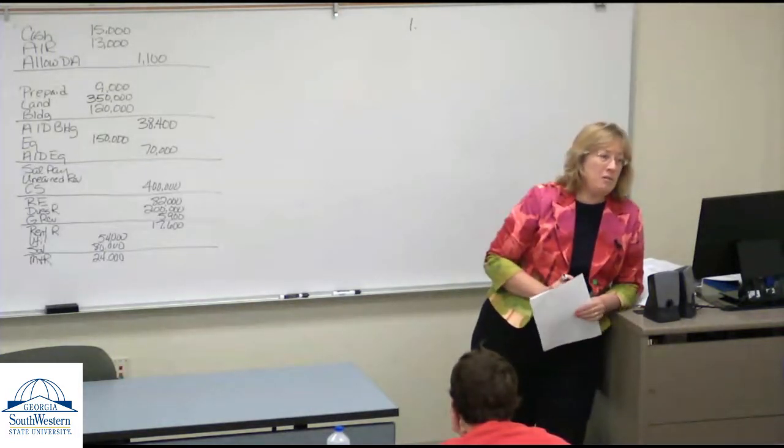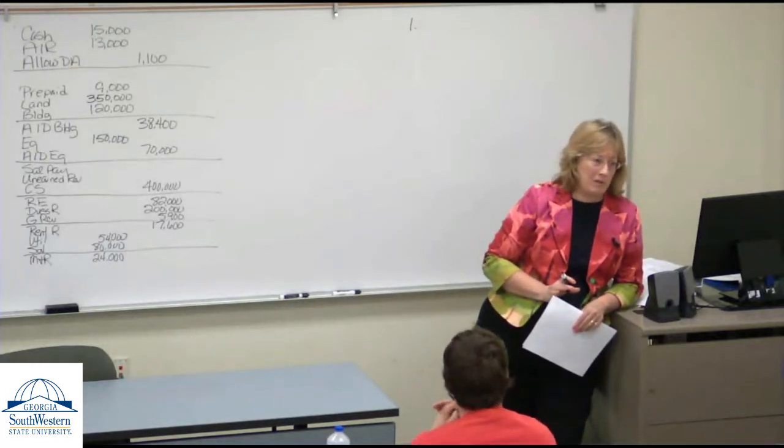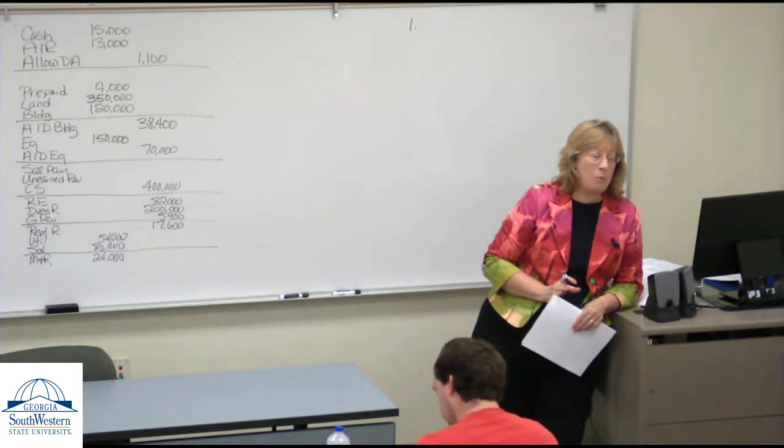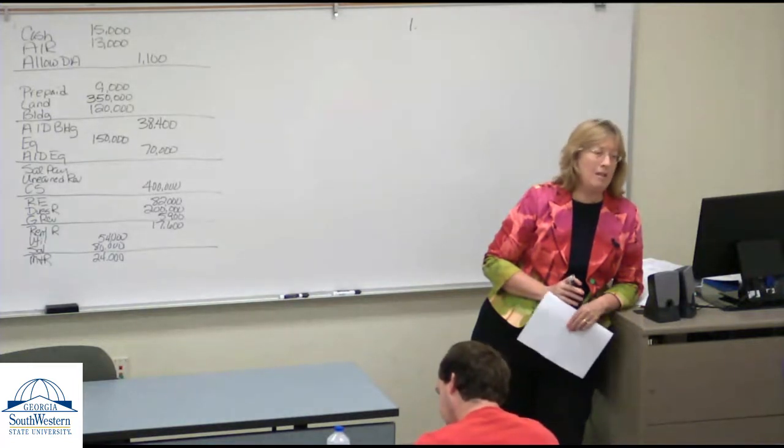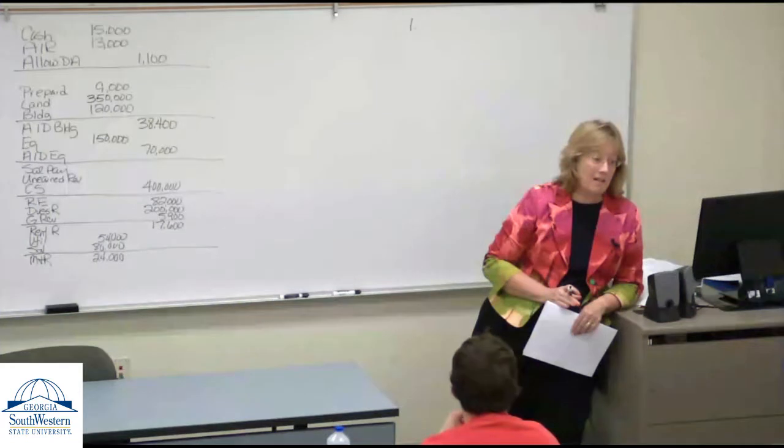Now you guys can help me out here. How do we depreciate? Y'all might have gotten scared off by these numbers, right? Just think about what is the journal entry for depreciation expense? Don't know? Where do we find that? What I mean is in the book, where do we find it?